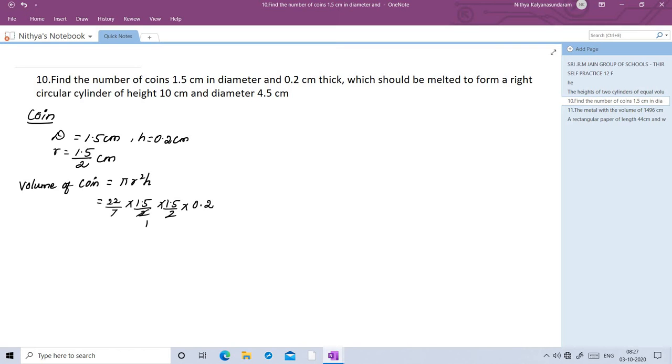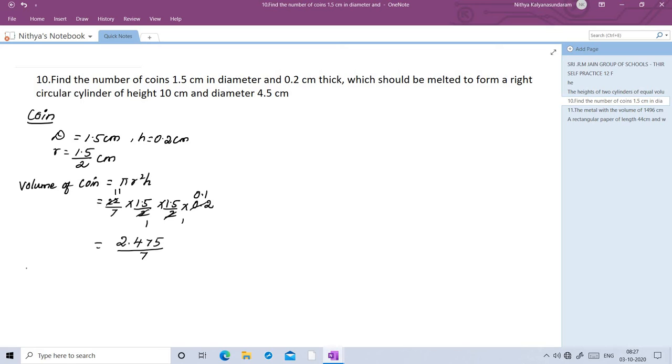So 2 table we can cancel, 1s are 1, 1s are 1, 1s are 0.1. So 1.5 into 1.5 multiply, then 11 multiply, after getting the answer multiply with 0.1, you will get 2.475 divided by 7.